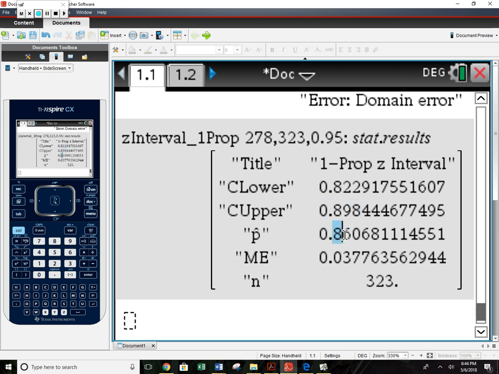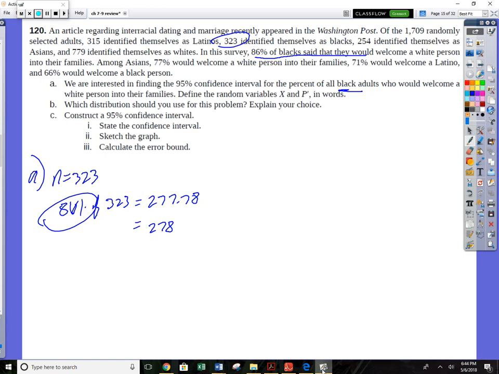So it was 86% said they would, so we're 95% sure that anywhere from 82% to 90% would be okay with that. So your margin of error is 0.0377, and that looks pretty good. So now let's go back here to the question.